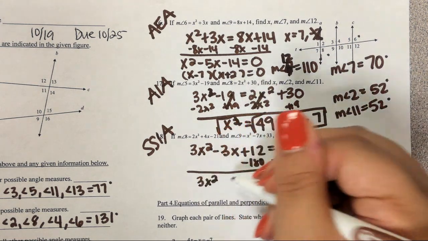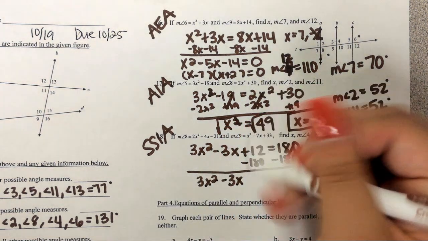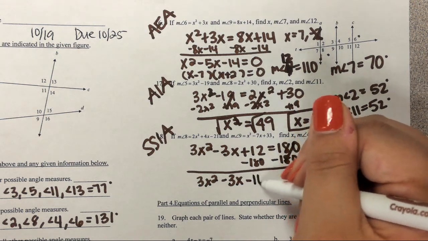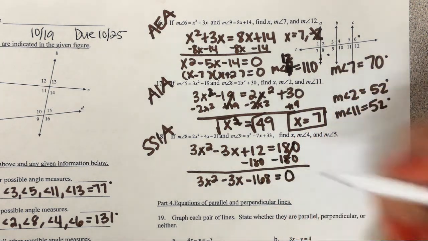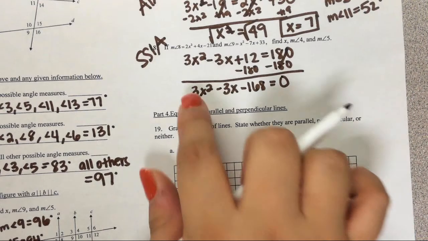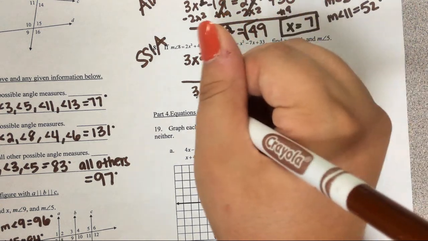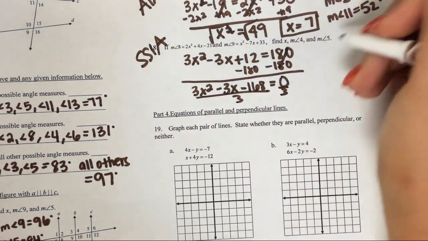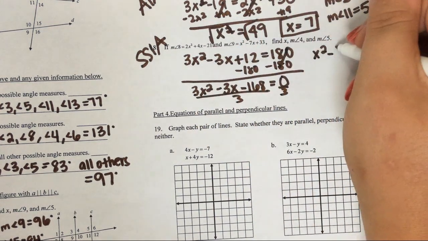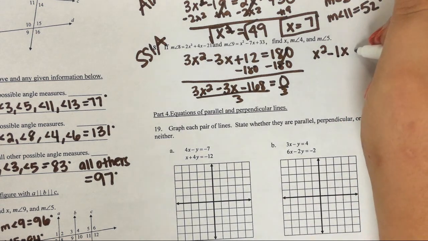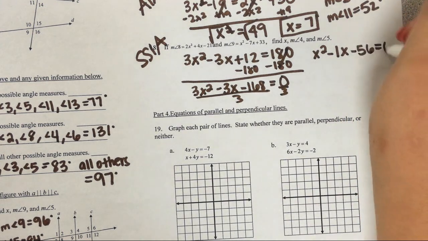So I get 3x squared minus 3x minus 168 equals 0. They all can divide by 3. So when I divide them all by 3, I end up getting x squared minus 1x minus 56 equals 0.